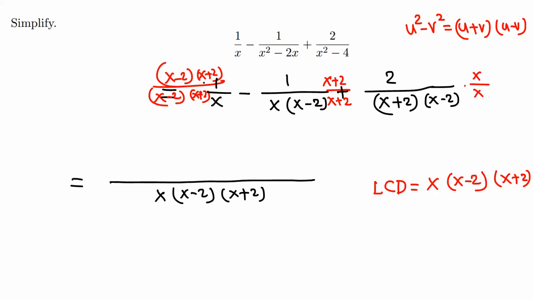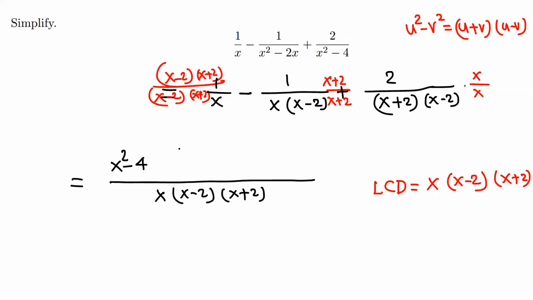By the way, x minus 2, x plus 2 is coming from x squared minus 4. Factoring, we get x plus 2, x minus 2. If we multiply, distribute, we get back to x squared minus 4. When we multiply these two factors, the middle two terms cancel. So if you multiply x times x, 2 times 2, you get x squared minus 4.